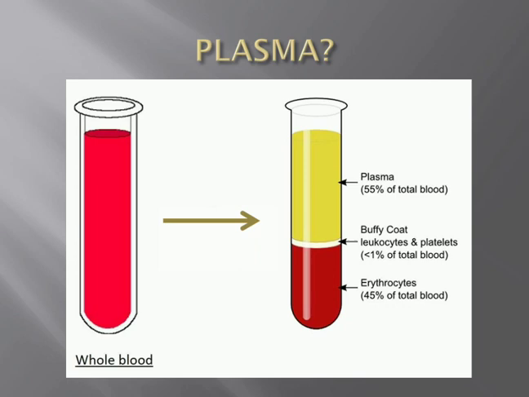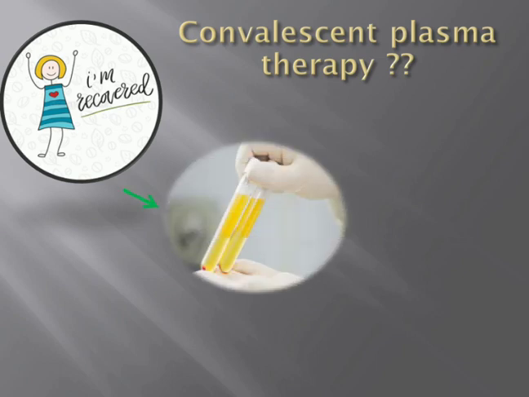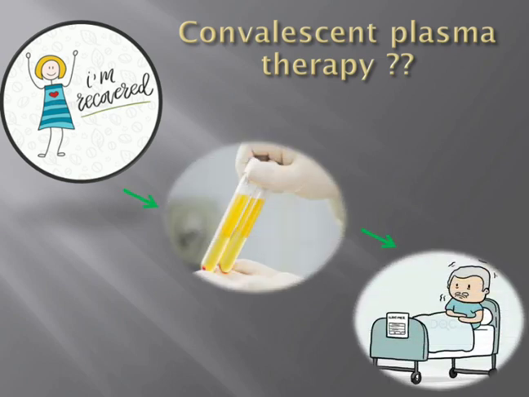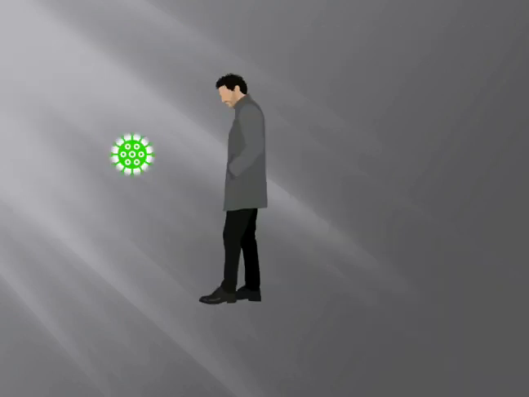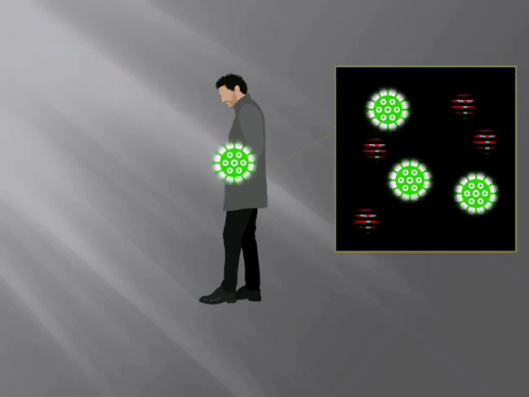In convalescent plasma therapy, the plasma from a person who has already recovered from the disease is taken and administered to a diseased person. Whenever an otherwise healthy person gets an infection, the body will try to make many antibodies to fight against the infection and kill it.